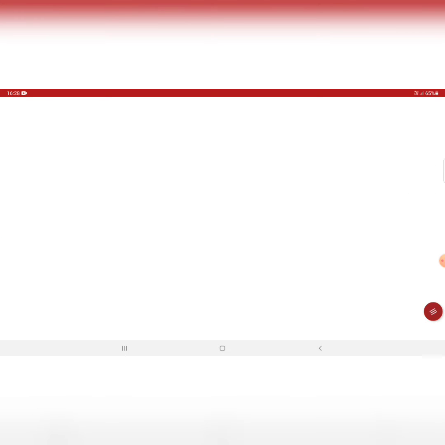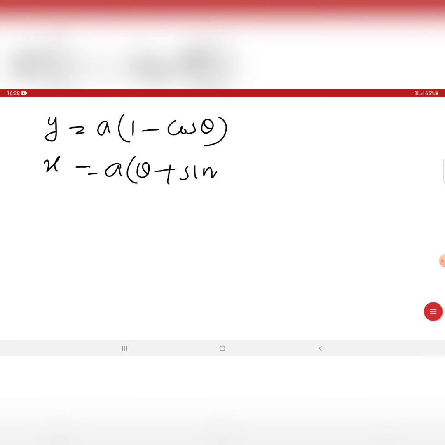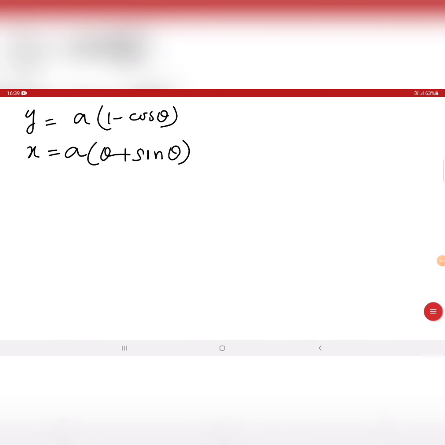One more example. Let y equal a into 1 minus cos theta, x equal a into theta plus sin theta. Now first find dy by d theta, that is equal to a into the derivative of 1, which is 0, then the derivative of minus cos theta, which is plus sin theta.